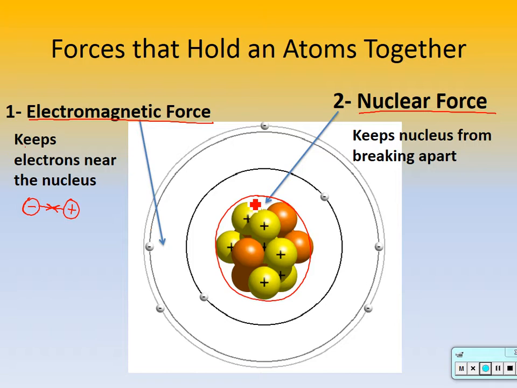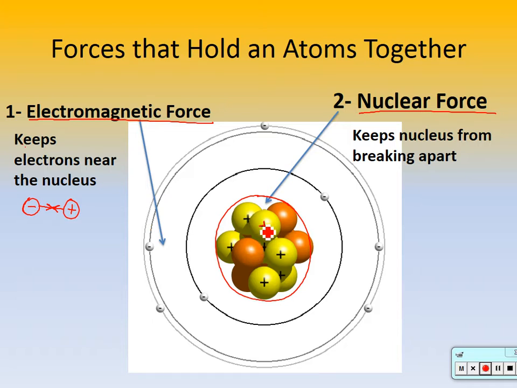It should be like a pushing away from each other, right? What's in the nucleus? What are these plus signs here? These are protons. And what are these guys? Neutrons. Well, they don't have a charge. They're neutral.